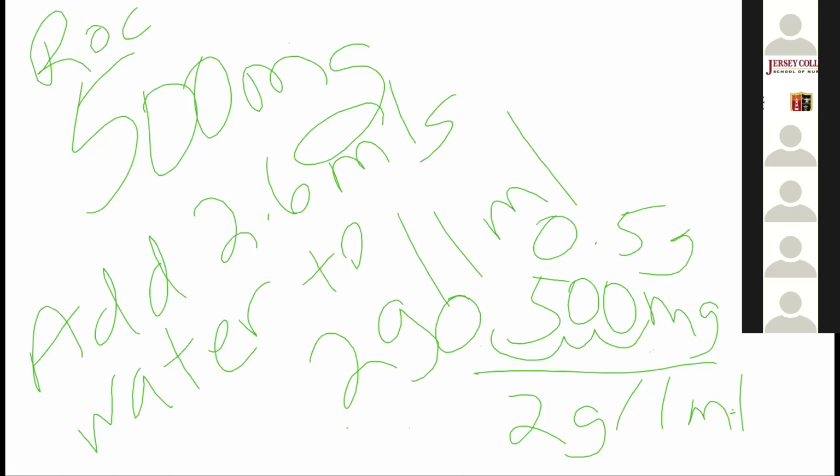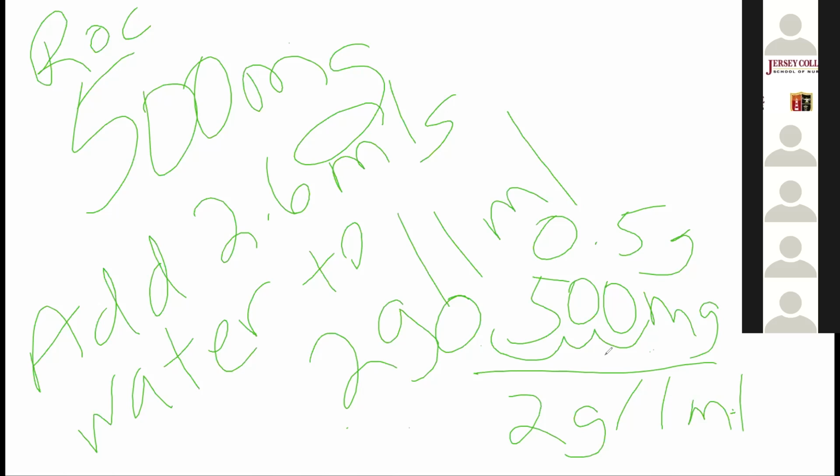So 0.5 divided by 2 times 1 is 0.25, or 0.3 if we were rounding it to the nearest tenth, since it would have to go up. But 0.25 is what you should have got on the calculation without rounding.